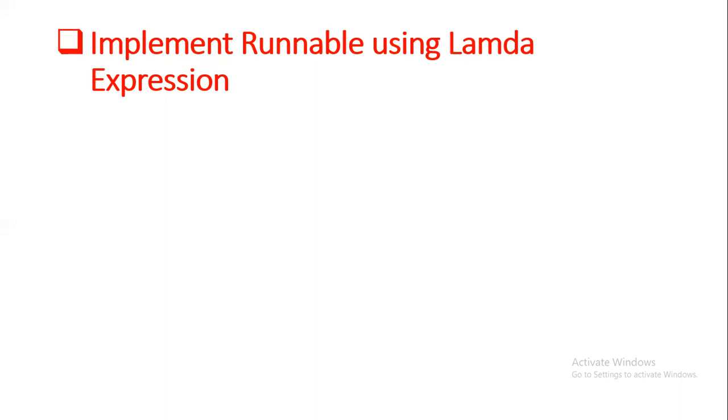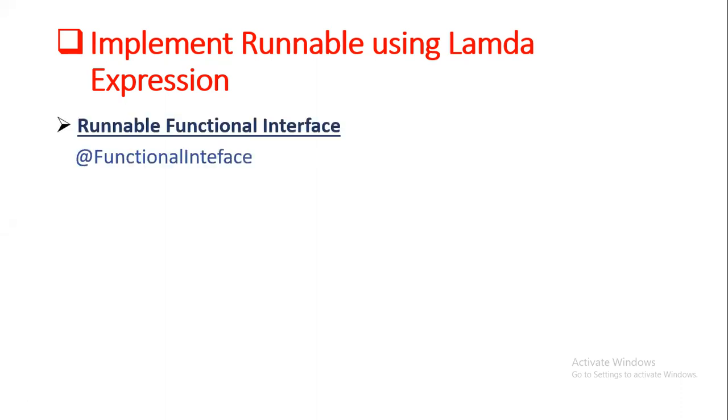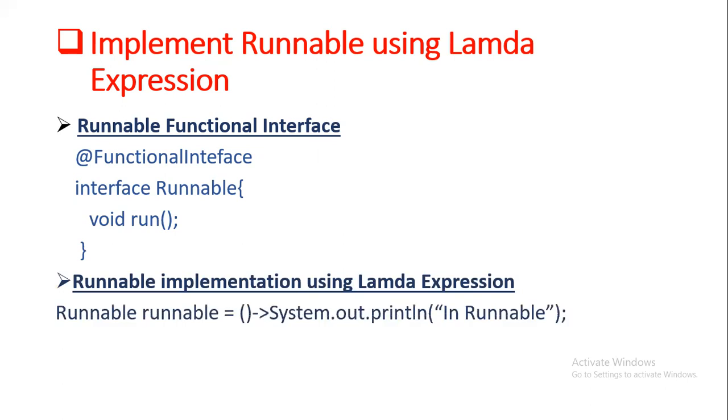So how does it look? It is made a functional interface and it contains a void run method. So how do we write a Lambda expression for this? We already discussed, by seeing this display message. For writing Lambda expressions, we don't need a return type and method name.